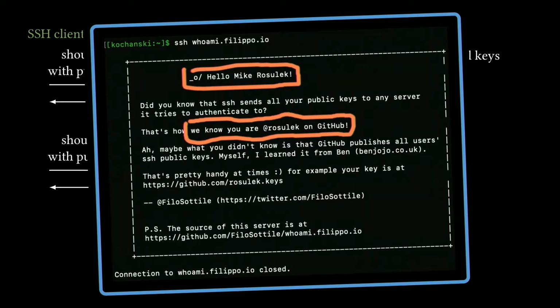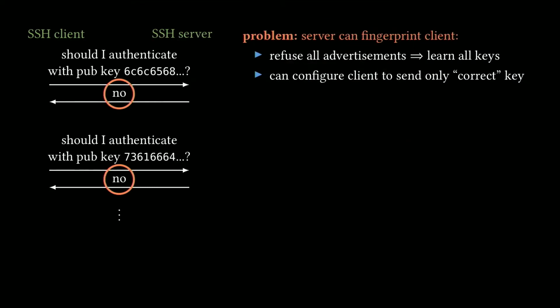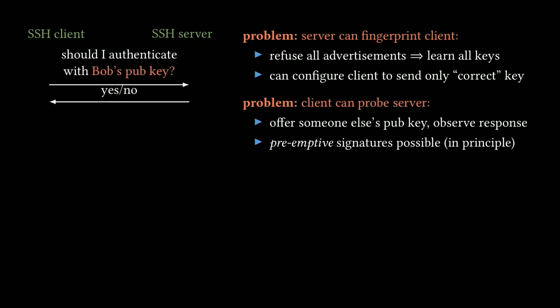Okay, so that's kind of interesting and creepy. I'll point out that you can configure your SSH client to only send the keys to the servers that you expect. So if this were the only problem with SSH authentication, I wouldn't have much to talk about today. But there are some other problems with SSH authentication that we can improve, and that's our goal in this work.